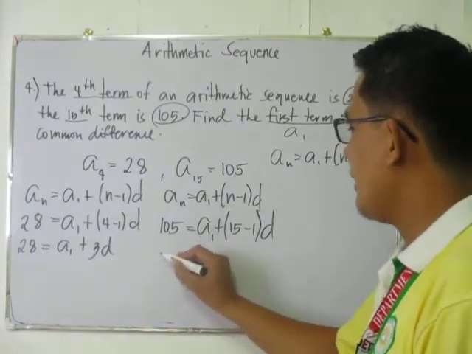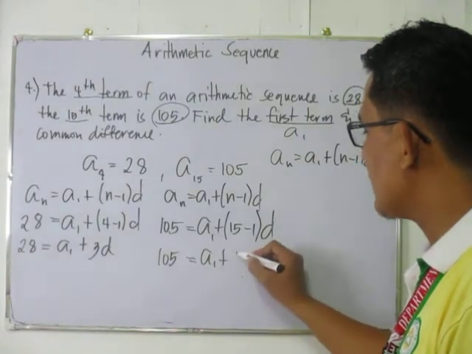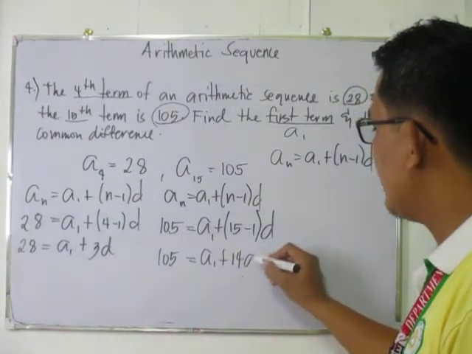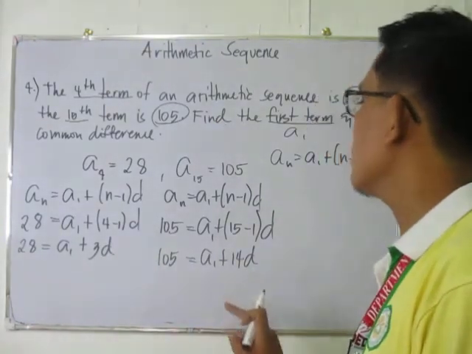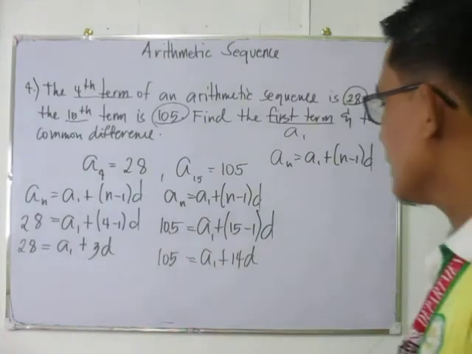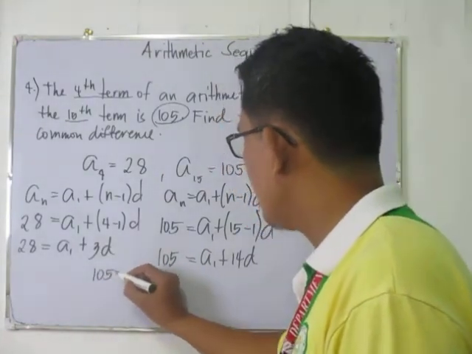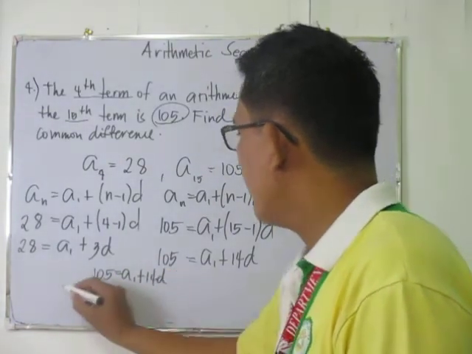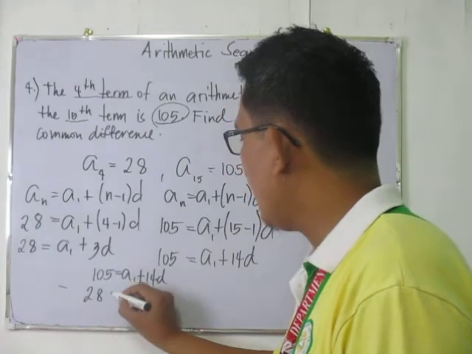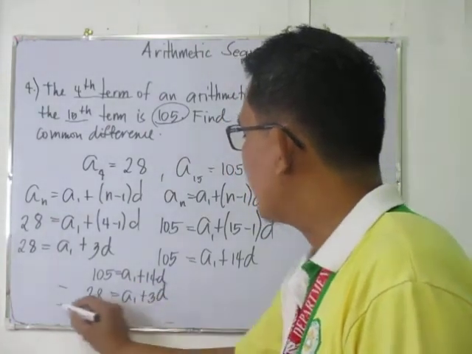Then simplify. 105 is equal to a sub 1 plus 14 times d, which is 14d. Then we're going to use these two equations to solve for our common difference. So we're going to subtract now. 105 is equal to a sub 1 plus 14d, minus 28 is equal to a sub 1 plus 3d.